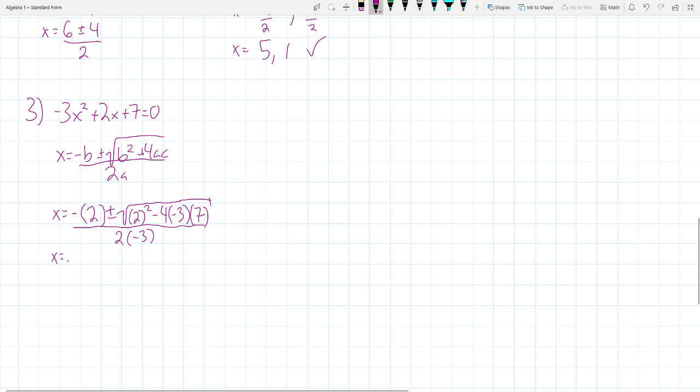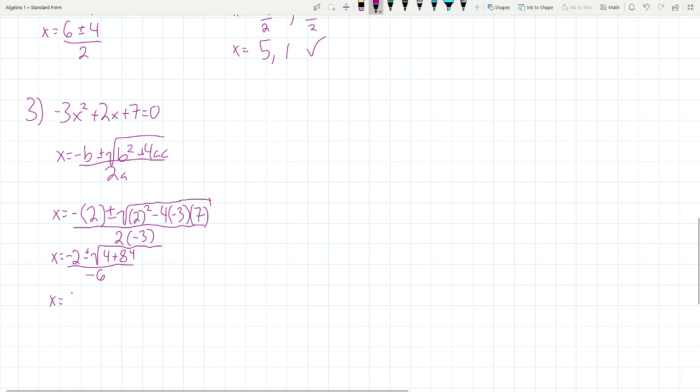And so I get x equals negative 2 plus or minus the square root. 2 squared is 4. Negative 4 times negative 3 is positive 12, times 7 is 84. All divided by negative 6.